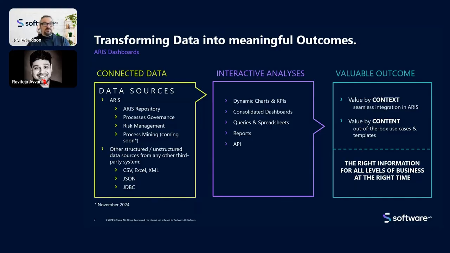So in ARIS, we have our ARIS repository, which contains all those models, objects, attributes, connections, and assignments, as well as process governance, which gives you an understanding of the operational processes within ARIS itself, the approvals, the reviews of all of the process content or architecture content or customer journey, those sorts of things that create relatable and easily accessible transaction logs of access and choices, risk management, and of course, process mining.